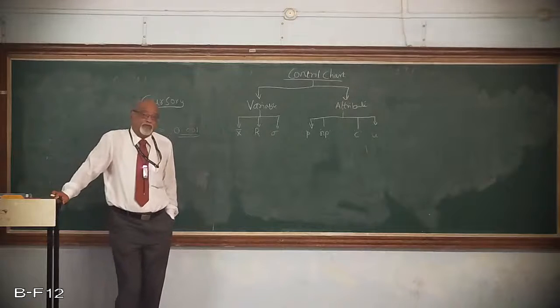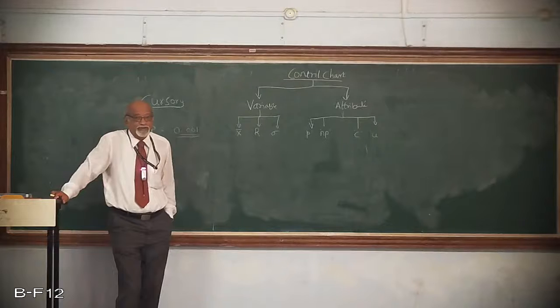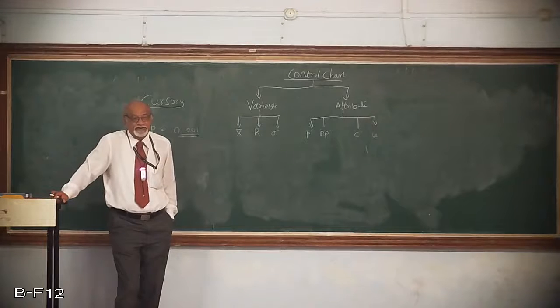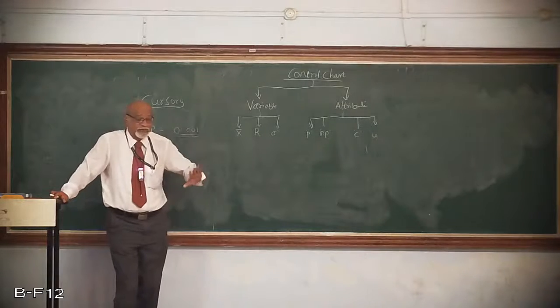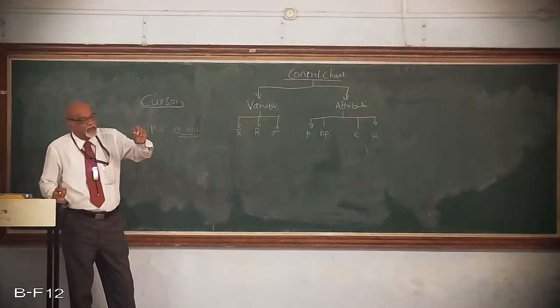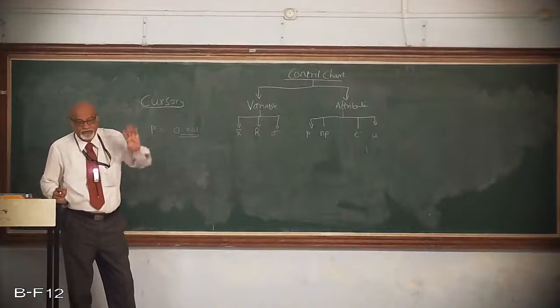If I take a sample of 5 here, what is going to happen? If you look at it, the sample of 5 may contain 0 defective. Then we say that everything is perfect. Out of 5, I don't find any defective.